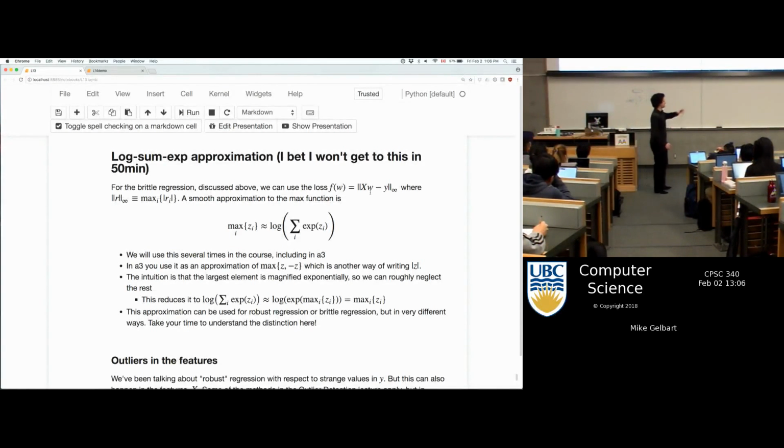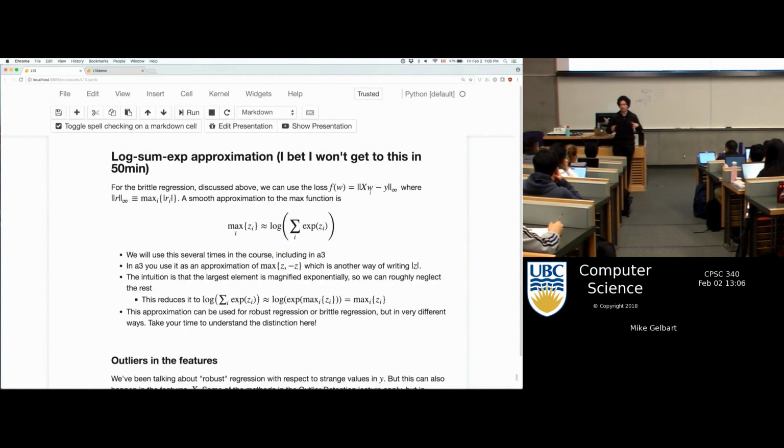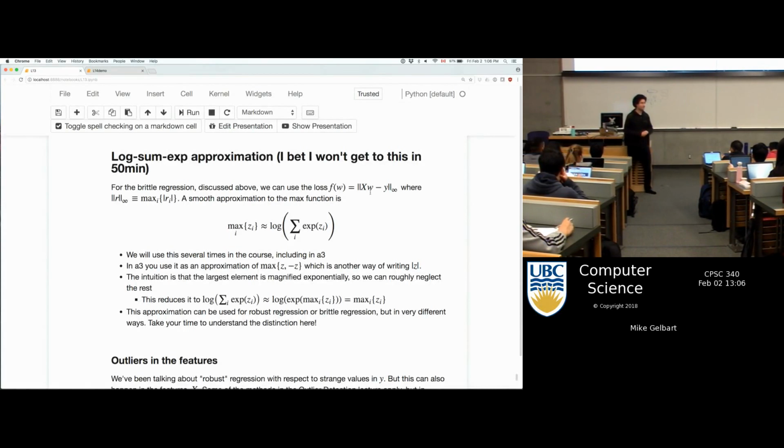And if we did that, the sum would instead just be the biggest one. And so we now have e to the biggest one. So I assume most of you know this, but for those who don't, exp is the same as e to the power of a number. And so I now have the biggest one, and then I take the log of it, and then I get back to the number itself.